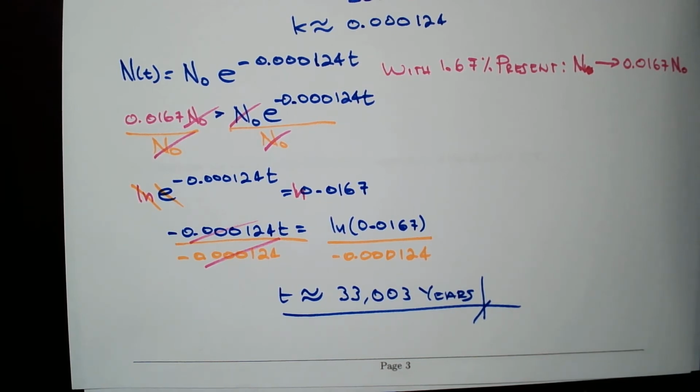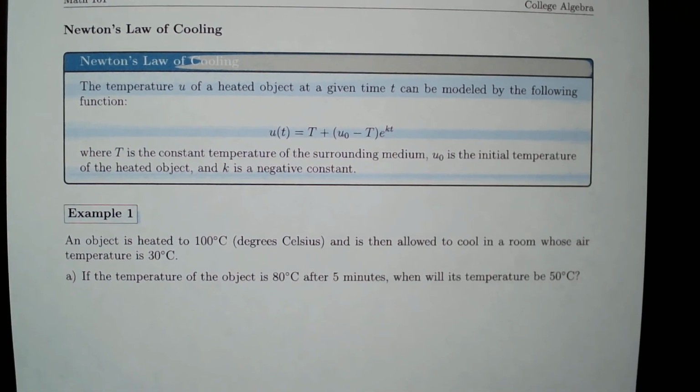All right, so let's move on to the next topic. The next topic is Newton's law of cooling, which is another very fun application of exponential functions and logarithmic equations, both of them.